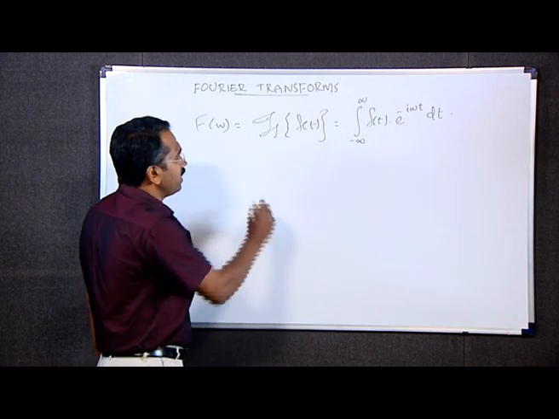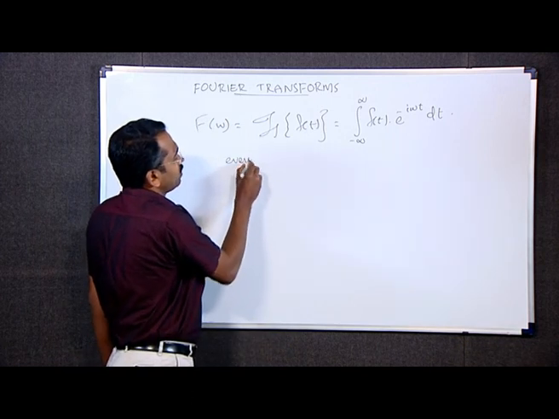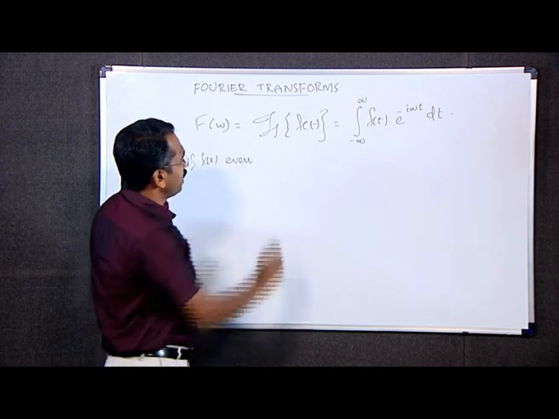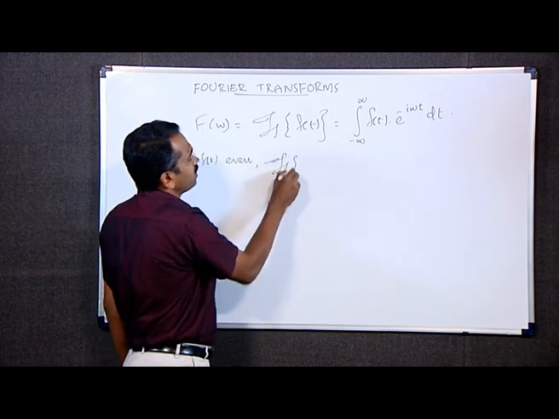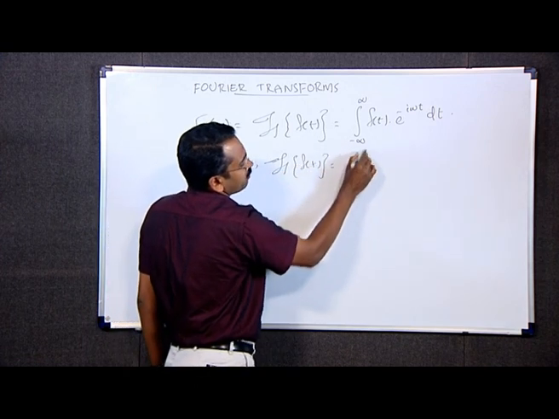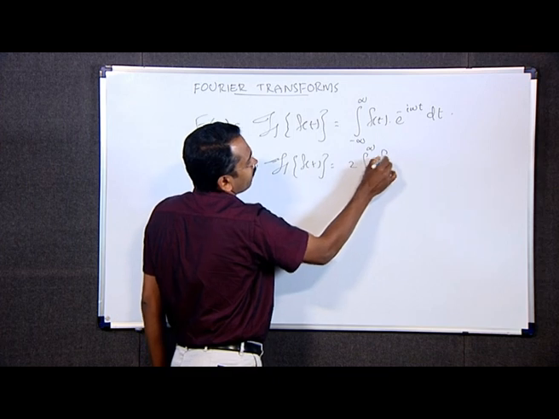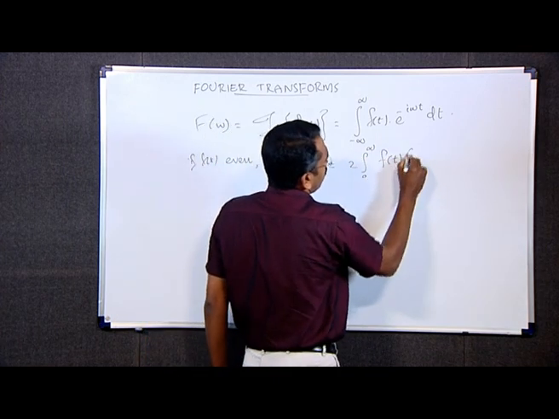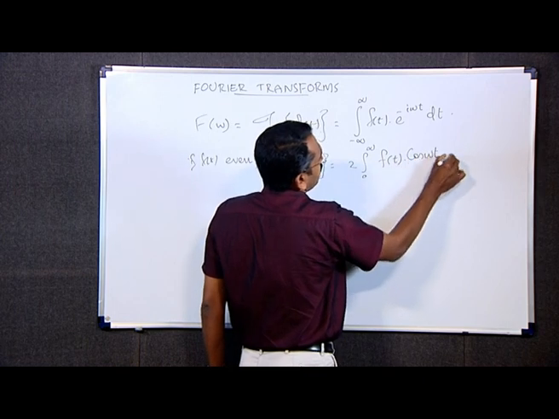If f of t is an even function, then the Fourier transform is 2 times the integral from 0 to infinity of f of t into cos omega t dt.